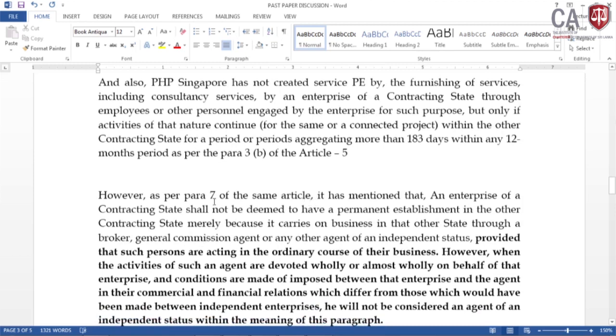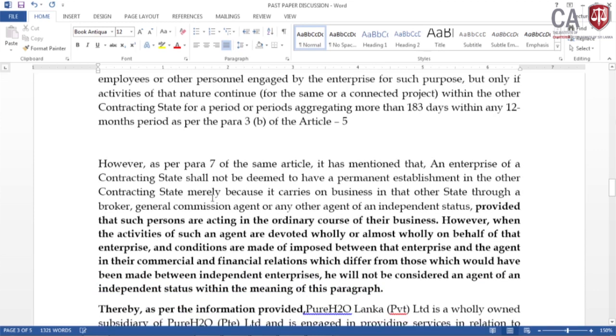However, what is paragraph 7 in the same article? Paragraph 7 is talking about the dependent and the independent agent. We will come to that.